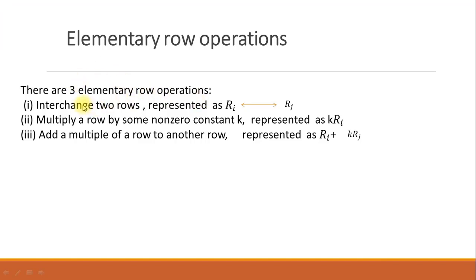Number 1, we can interchange any 2 rows, represented by Ri interchange Rj. Number 2, multiply a row by some non-zero scalar k, represented as kRi. And number 3, add a multiple of a row to another row, represented as Ri plus kRj.